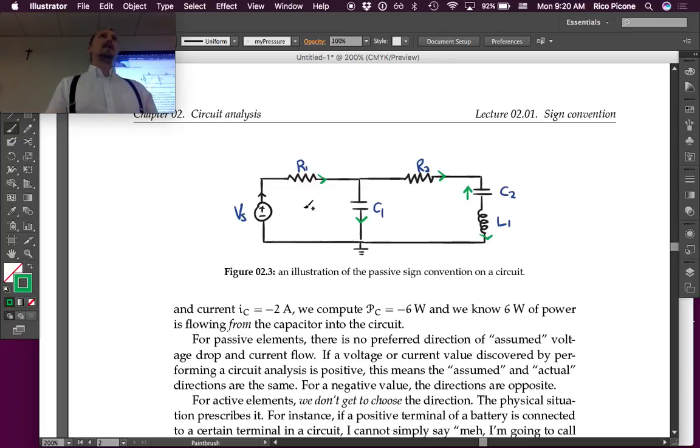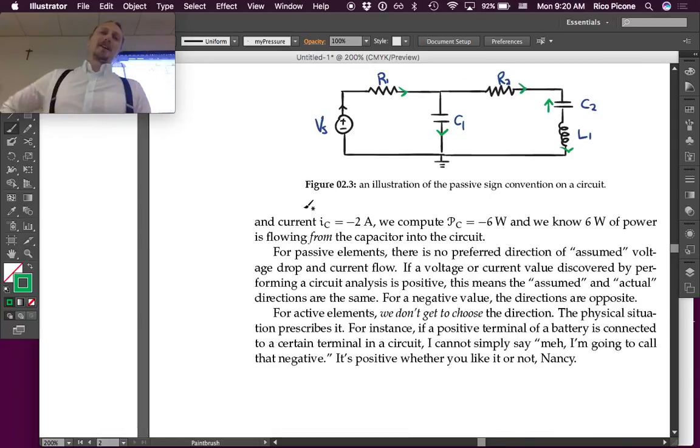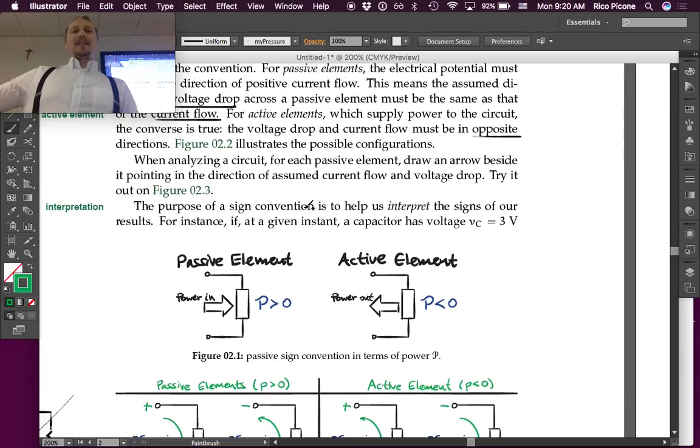If you connect the positive terminal to a certain place, you can't say, well, I'm going to assume that's the negative terminal. You can't. You're stuck with however the source is connected to the circuit. Same principle for a AA battery. When they have a positive and minus sign, you can't flip that. If you connected the positive side of the battery up to a circuit, then you couldn't do your circuit analysis and say, I'm going to assume that positive terminal is actually the negative terminal. It doesn't work. We're going to talk a little bit more about that in a sec, but yeah.